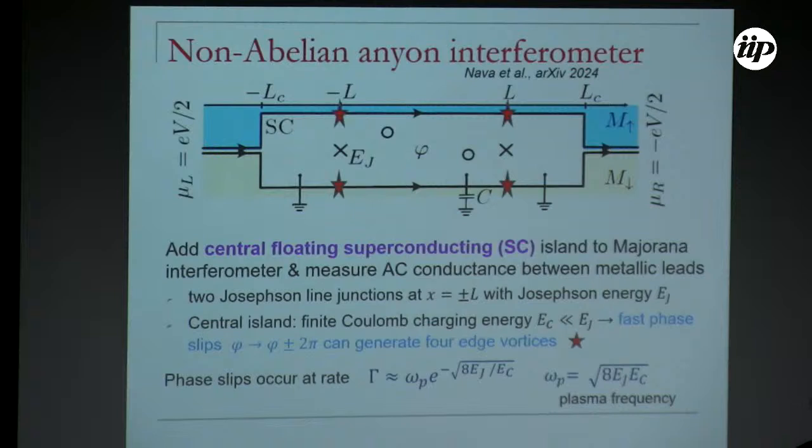So that means a phase slip generates 4 of these quantum edge vortices or annihilates 4 of them simultaneously. So the phase slips here really generate or annihilate these quantum edge vortices signaled by the red stars at these positions.